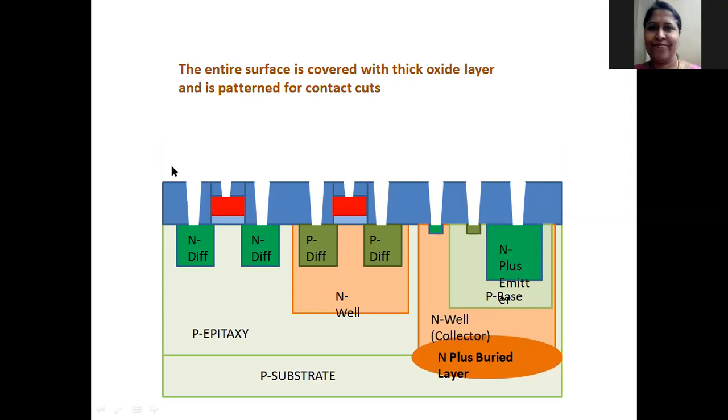So use a suitable mask, photolithography, chemical etching to remove SiO2 from portions where you have to develop contacts. So we can observe all these white portions here indicate the hollow holes which are created in order to develop contact cuts.